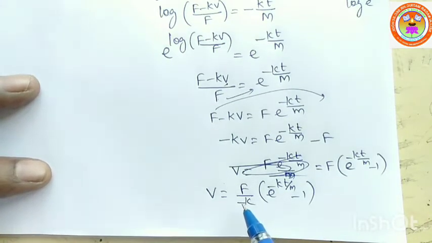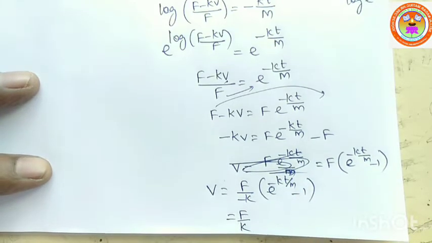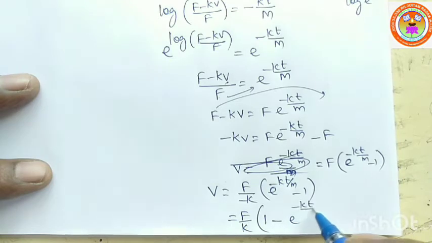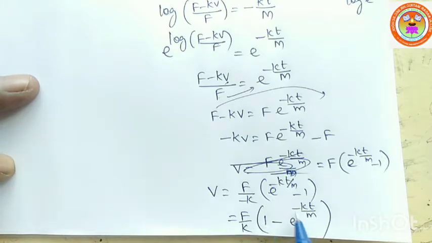If we take this minus 1 inside the bracket, it will become f by k into, when we multiply minus k inside, minus 1 becomes plus 1. So 1 minus e power minus kt by m. So we have expressed v in terms of t. Okay?